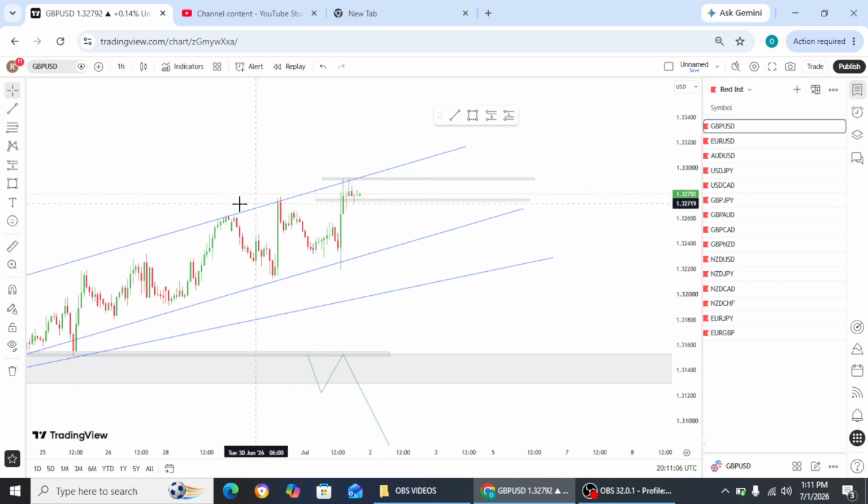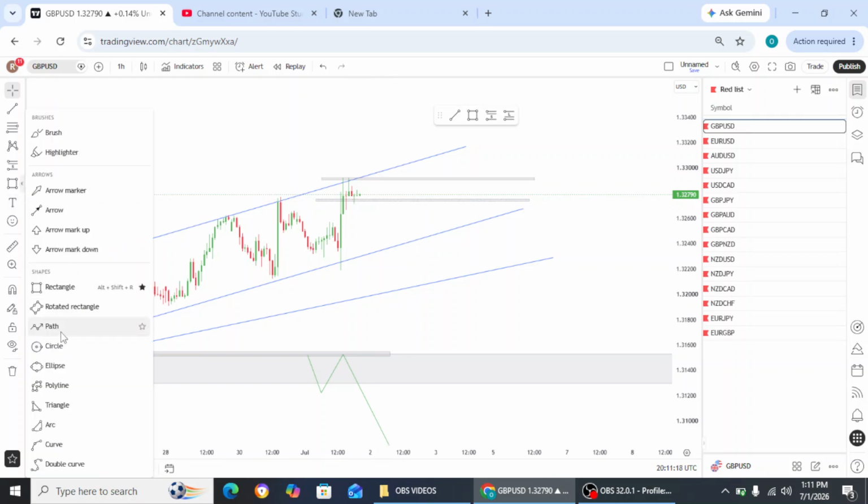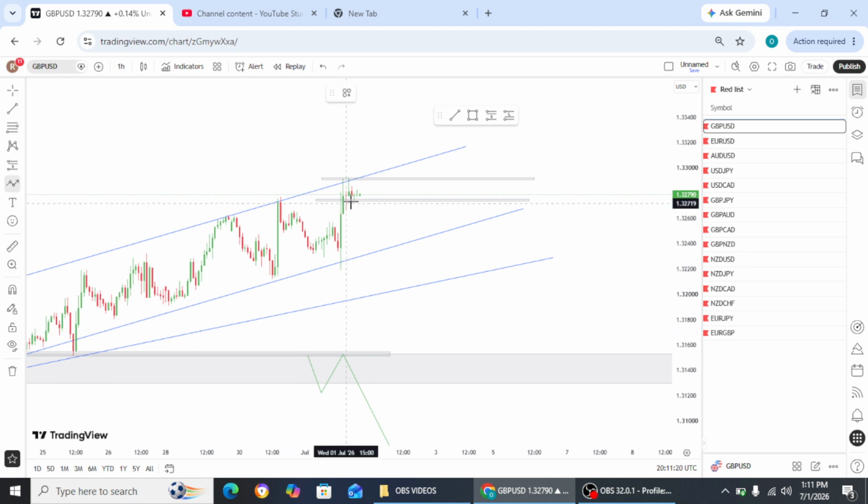Now you can see that this trend line is a form of resistance to this price. So there's every tendency that the market might retrace back to this level, retest this level, and go to the downside. But I won't be taking that trade because I only trade with a trend.